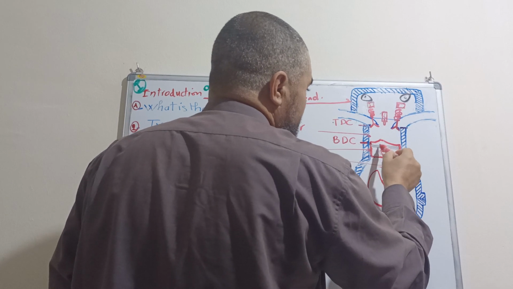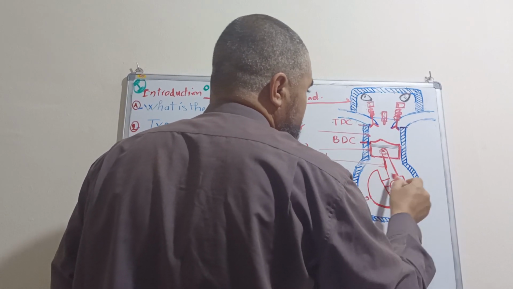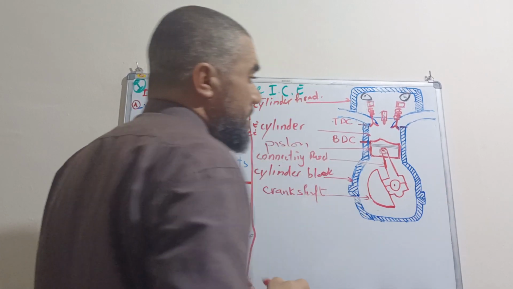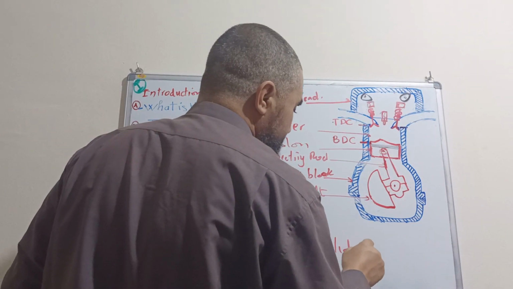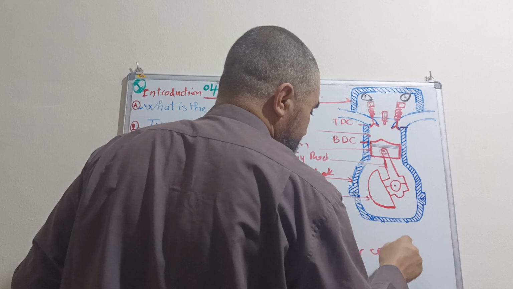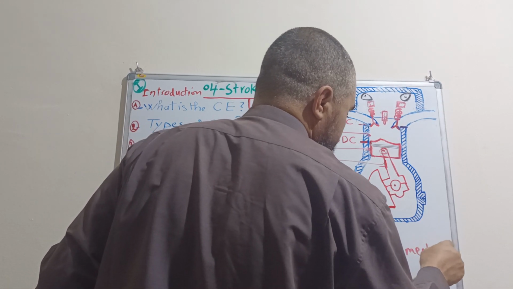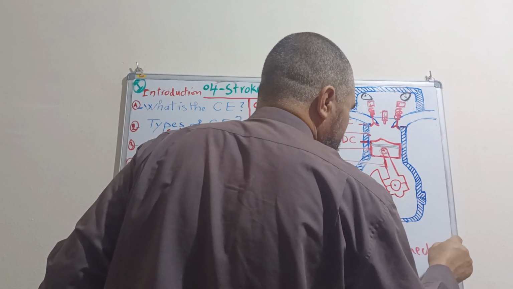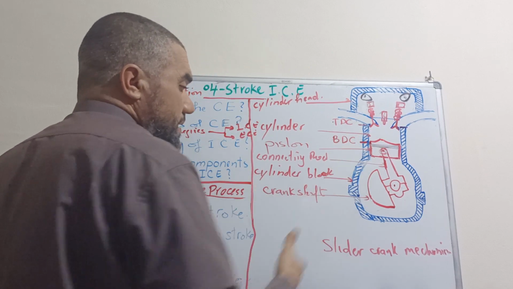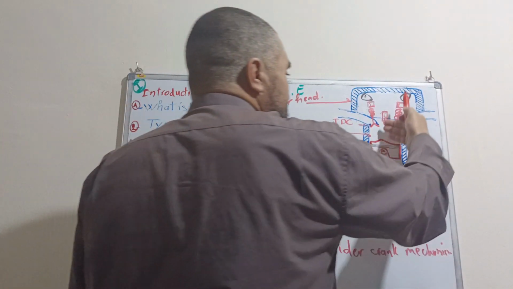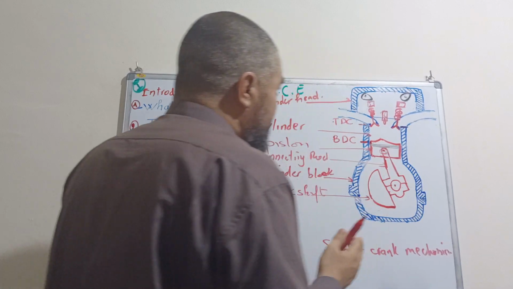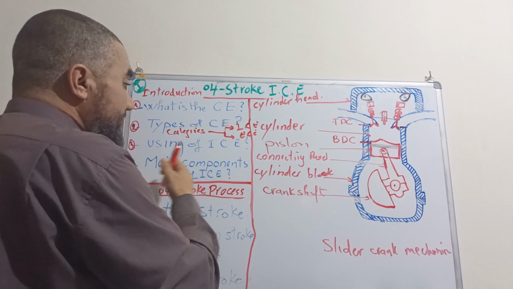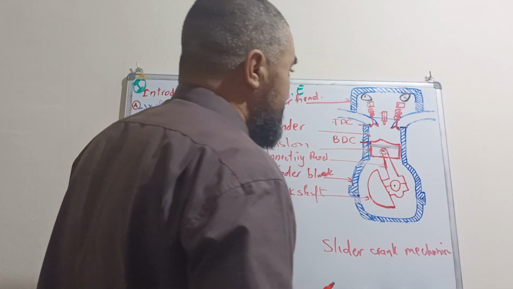The cylinder, piston, connecting rod, and crankshaft form a mechanism called the slider crank mechanism. This slider crank mechanism is responsible for converting the linear motion of the piston into the rotary motion of the crankshaft. This is a brief presentation of the main components of internal combustion engine.